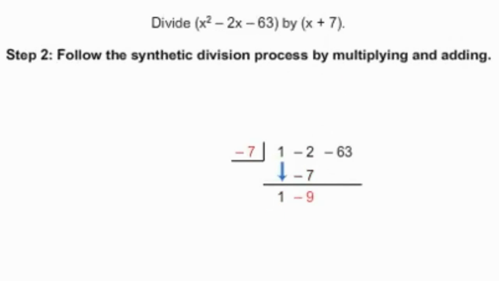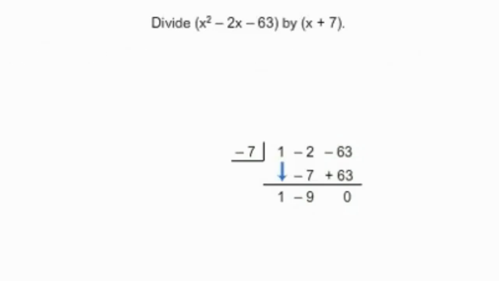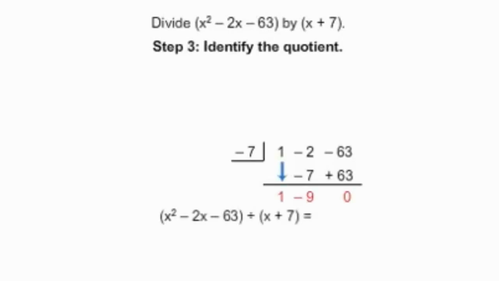Repeat the process until all numbers have been used. The final step is to translate the synthetic division process into a solution. The bottom row represents the coefficients of the quotient. Since the dividend has a degree of 2, the quotient will have a degree of 1. The last number is 0, which indicates there is no remainder.